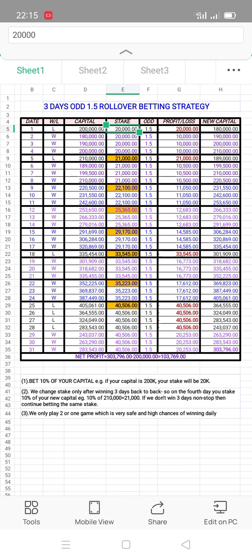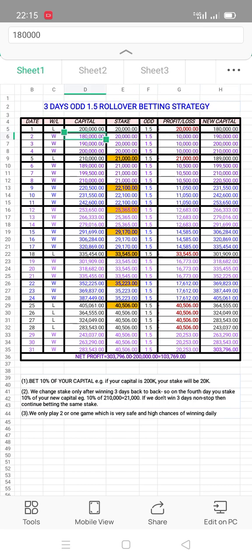So we staked 20,000 and we lost it. So you can see here, this one in red is negative 20,000, meaning we lost 20,000. So from our capital we lost 20,000 on day 1, and now our new capital is 180,000.